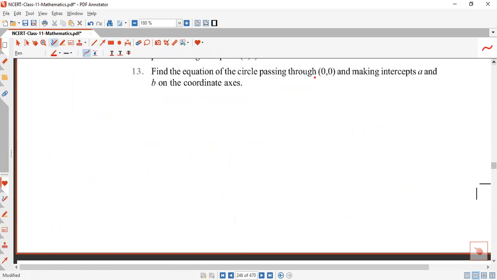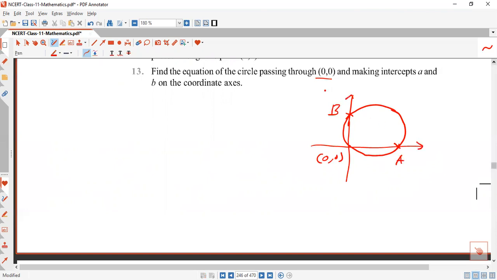It is given that the circle is passing through the origin 0, 0, and there are two points A and B, A on the x-axis and B on the y-axis. The coordinate of A is (a, 0) because a is the intercept, and the coordinate of B is (0, b).